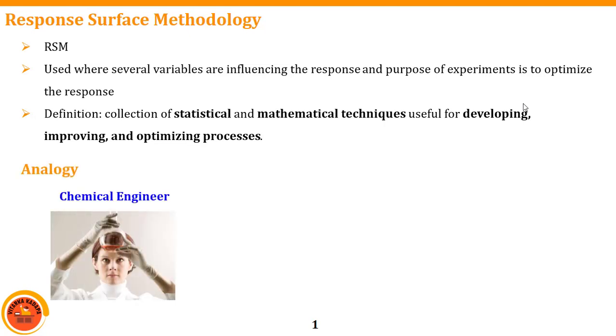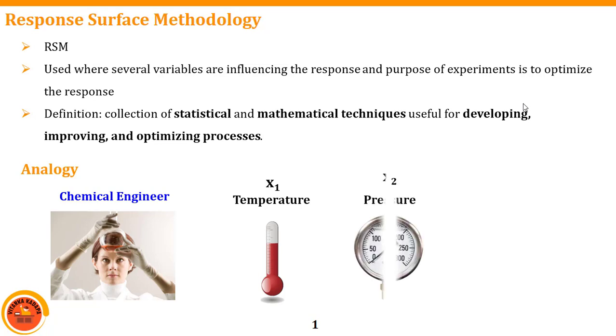So I will take a simple analogy. A chemical engineer needs to estimate the temperature as well as the pressure for one particular chemical, and how they affect the yield. That is what her experiment is.